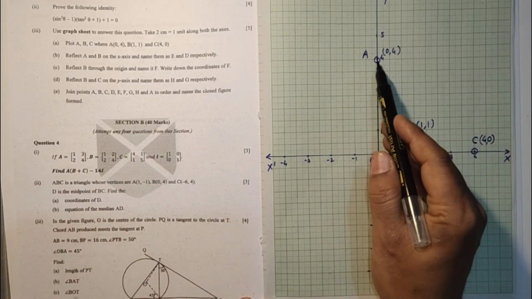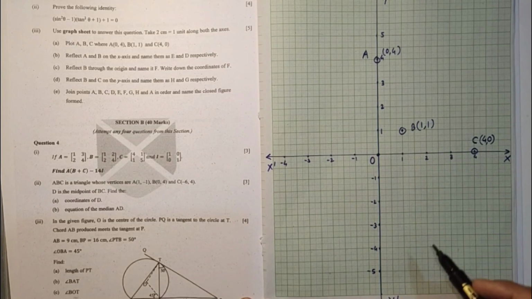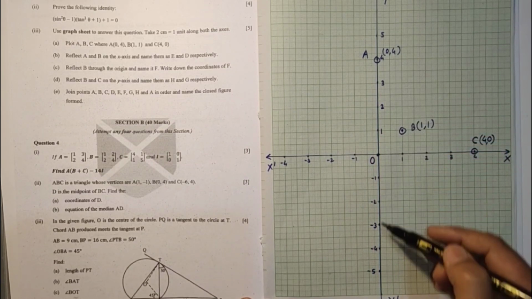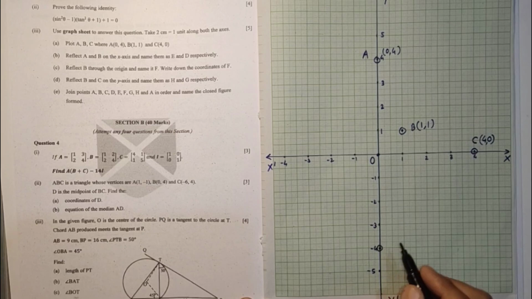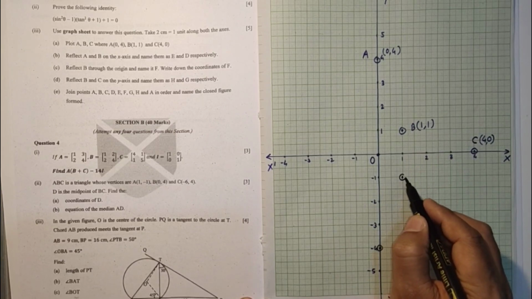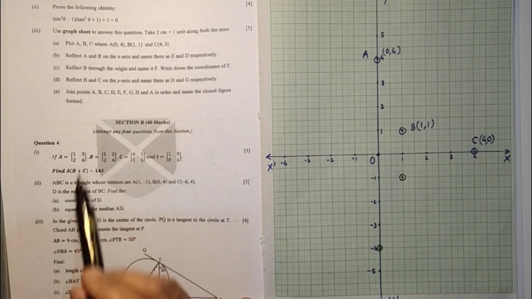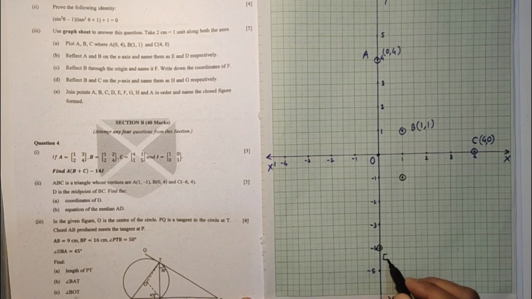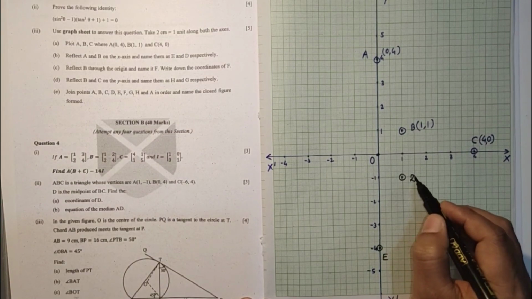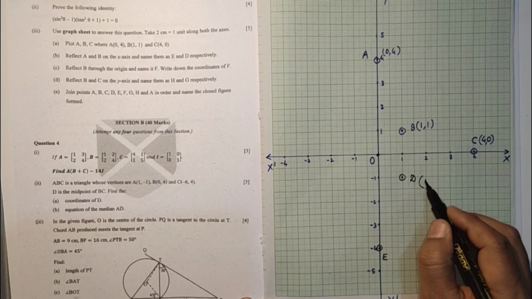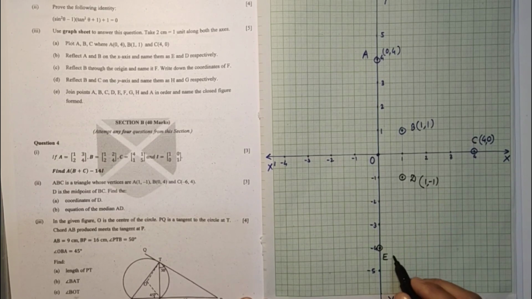So A is reflected on x-axis, B is reflected on x-axis, so this 4 distance is this 4 distance, here is this, and this B is here, and their names are E and D respectively. So this is E and this is D. So D is 1 comma minus 1, E is 0 comma minus 4.